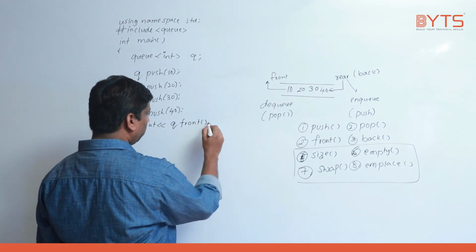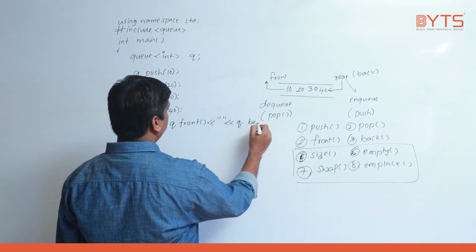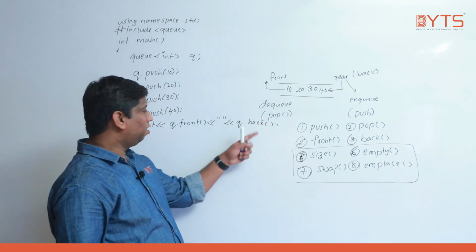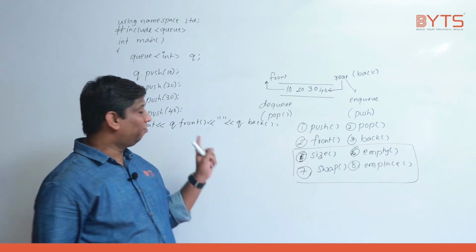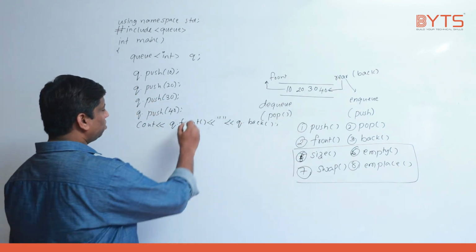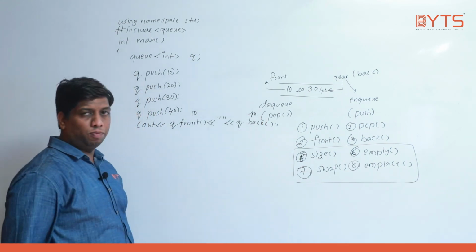And let me write here q dot back. Back will give you the latest element, front will give you the first element. The latest element is 40, the first element is 10. So you are going to get 10 here, and 40 here.